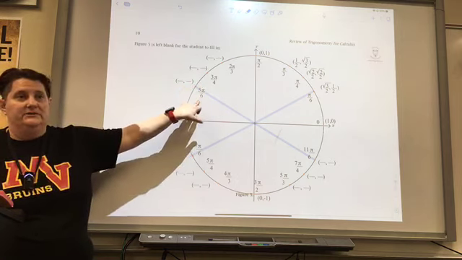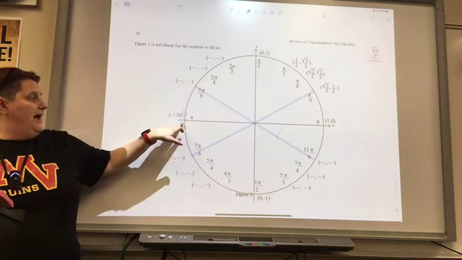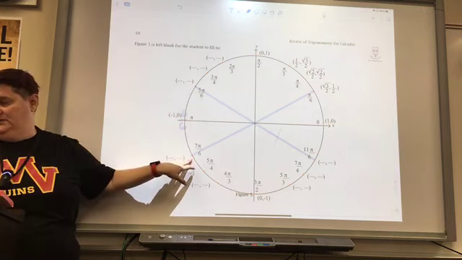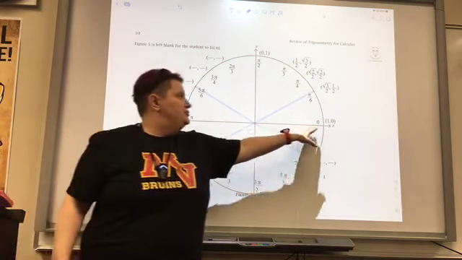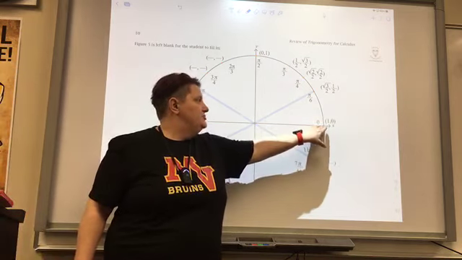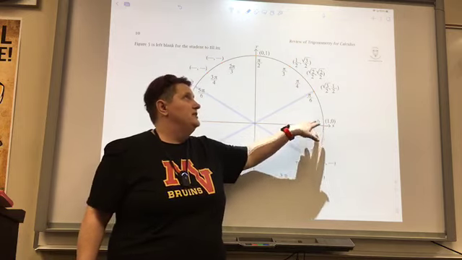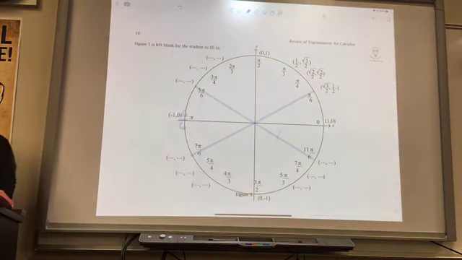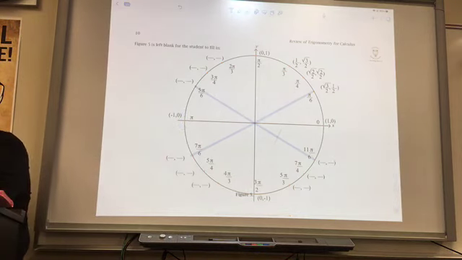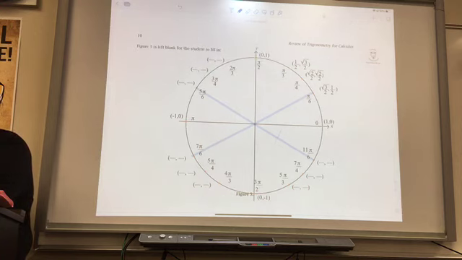That's why that's 5 pi over 6. What's pi plus pi over 6? 7, because it's 6 plus 1. And over here, it's 2 pi minus. What's 2 pi minus pi over 6? Well, 2 pi is 12 over 6 minus 1 is 11 over 6. Now, these are called reference angles. And so the way it works is, if here I go over root 3 over 2 and up 1/2, I'm also going over root 3 over 2 and up 1/2.